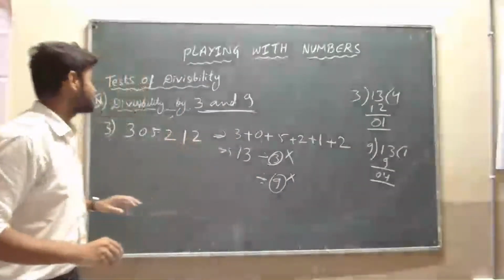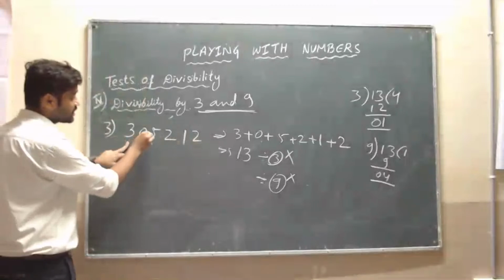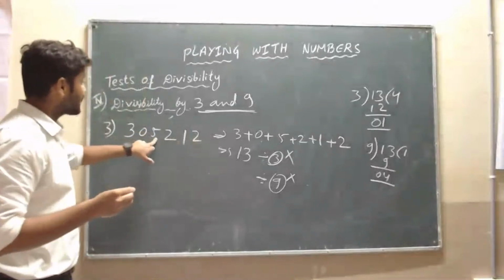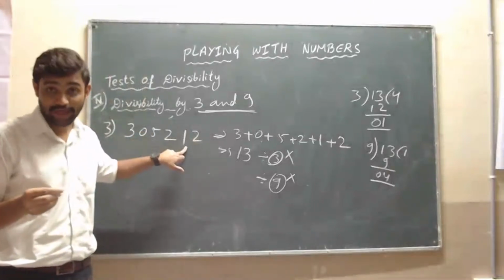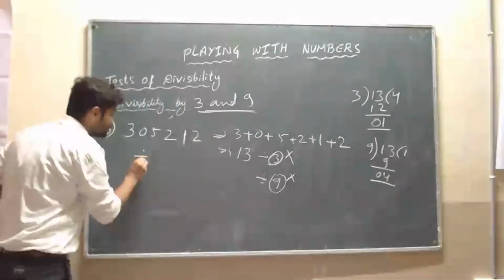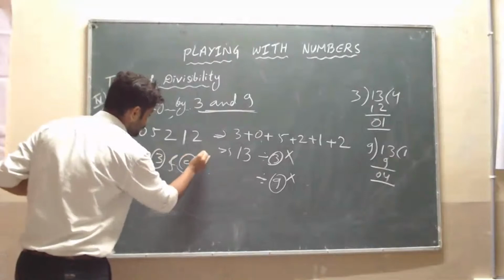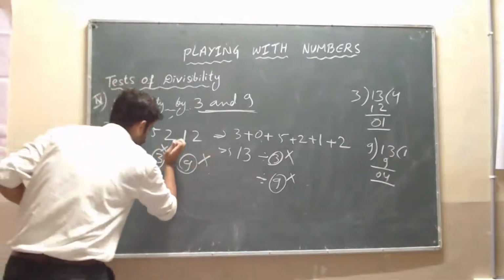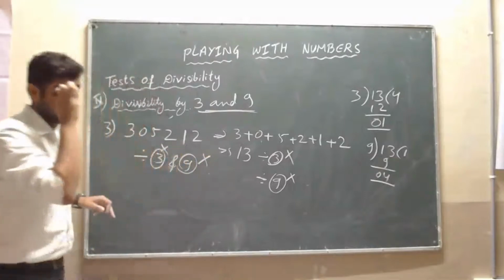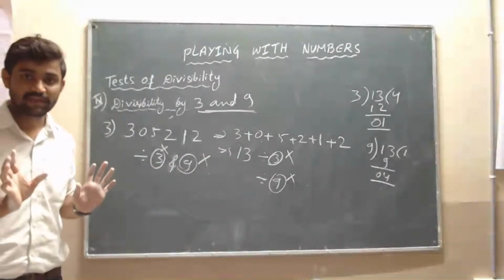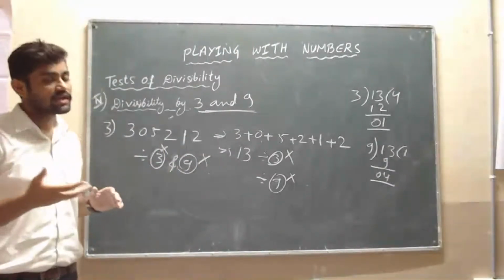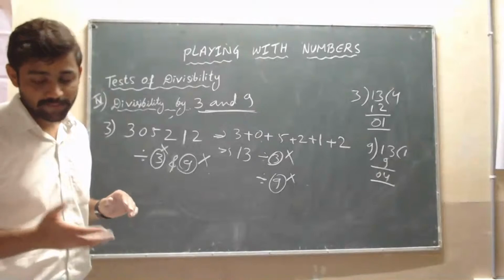So this number, 305212, is not divisible by 3 and 9. In the next class we will do many more examples.